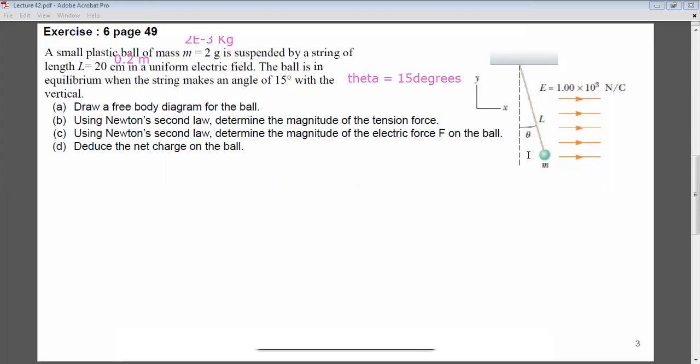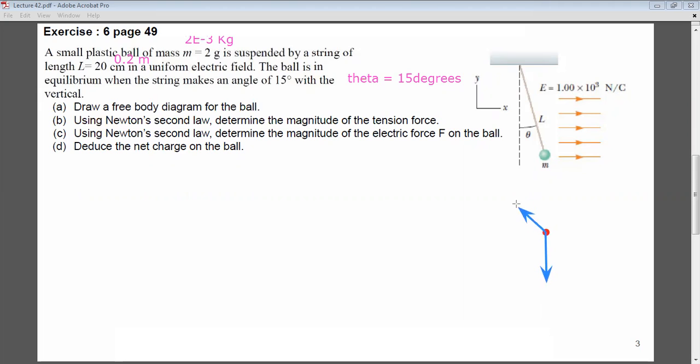Okay. So what is happening here? There is an electric field and it pulls the ball in this direction. Implies there is a force in this direction. So draw the free body diagram on the ball. So this is the ball. I'll put all the forces. First, there is the weight, downward.